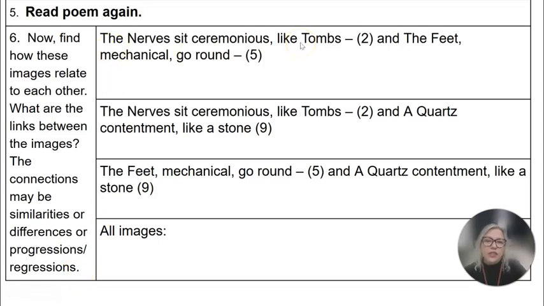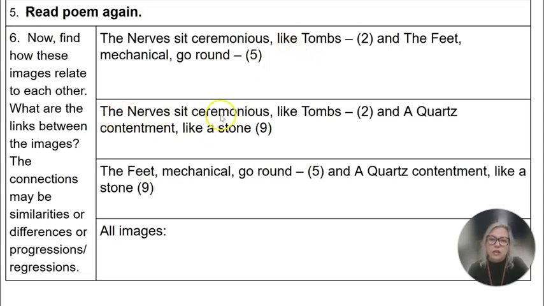So for this one, I think the thing that comes to my mind is the lack of feeling in the action. So if your feet are mechanical going round, you're not putting any feeling in that action. They're just moving like a robot. And if I'm sitting ceremonious like a tomb, same thing, right? There's not a lot of thought or feeling that's happening in these behaviors. So that's a connection that I saw.